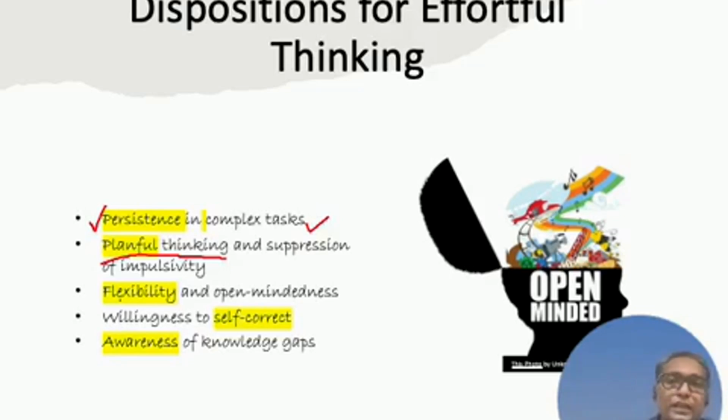Then the other idea is don't be rigid, be flexible and be open-minded. Most of the time, this is where people get stuck. You cannot be a critical thinker if you cannot be open to other possibilities. That's where the evaluative component that we talked about comes in, where you have to evaluate your own thinking process.